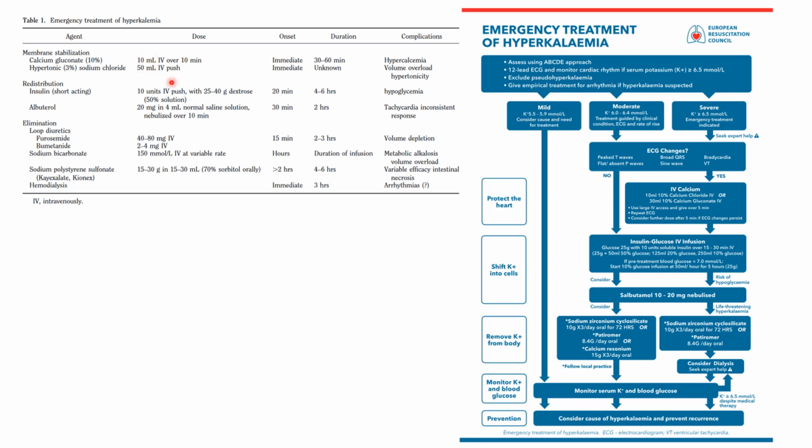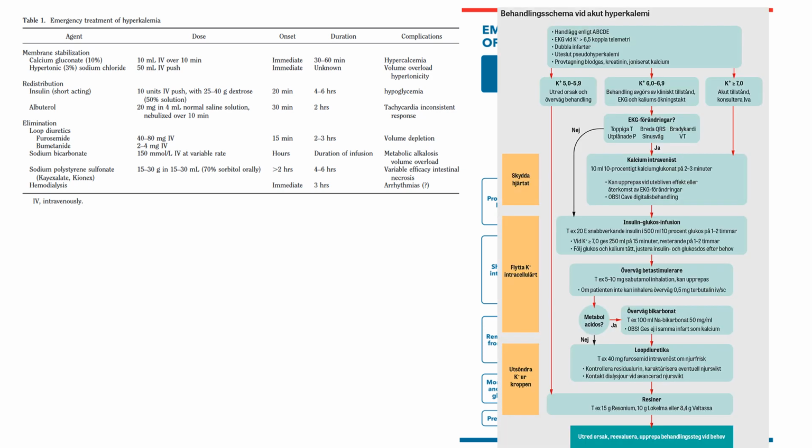And you usually have to give it centrally because it's more toxic to your vessels. The important thing about calcium gluconate is that it only stabilizes the membrane. It doesn't do anything to the potassium, so you need to treat this in parallel. And you have to repeat it if you haven't treated the potassium to a low level, because it only has a duration of around 20 to 40 minutes.